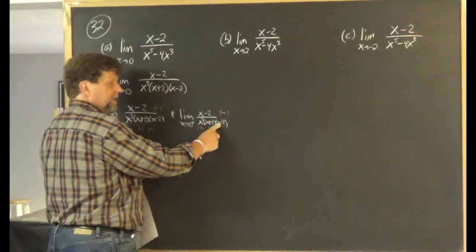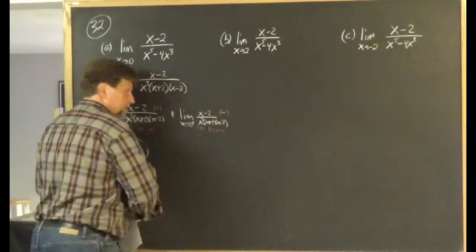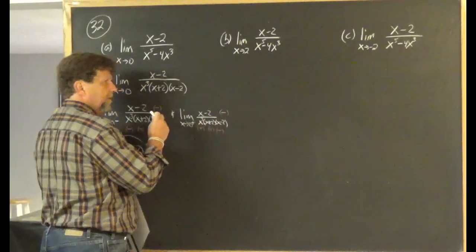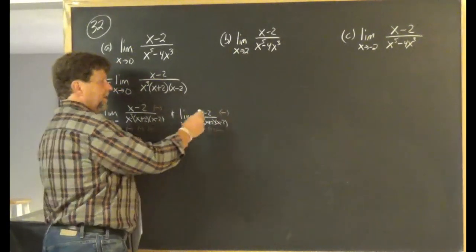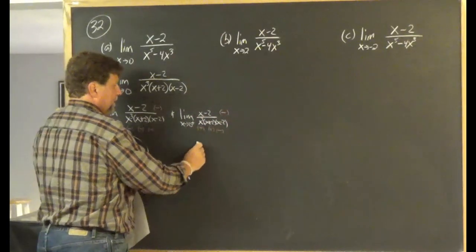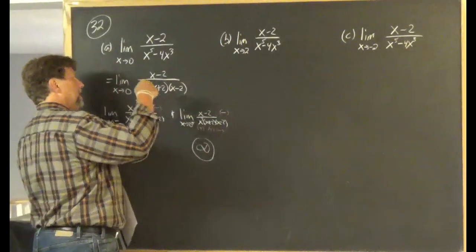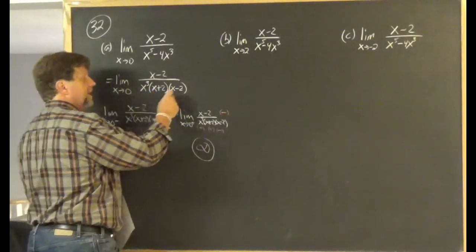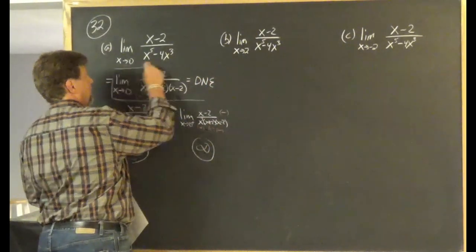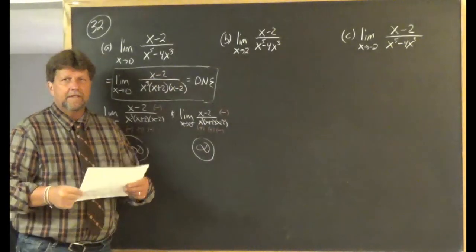A small positive number minus 2 is negative. So the denominator would be a positive times a negative. That's a negative. The numerator's negative. So negative divided by a negative is positive. So this limit is positive infinity, which means the limit we were asked to find does not exist. The left side limit and the right side limit are not approaching the same thing.